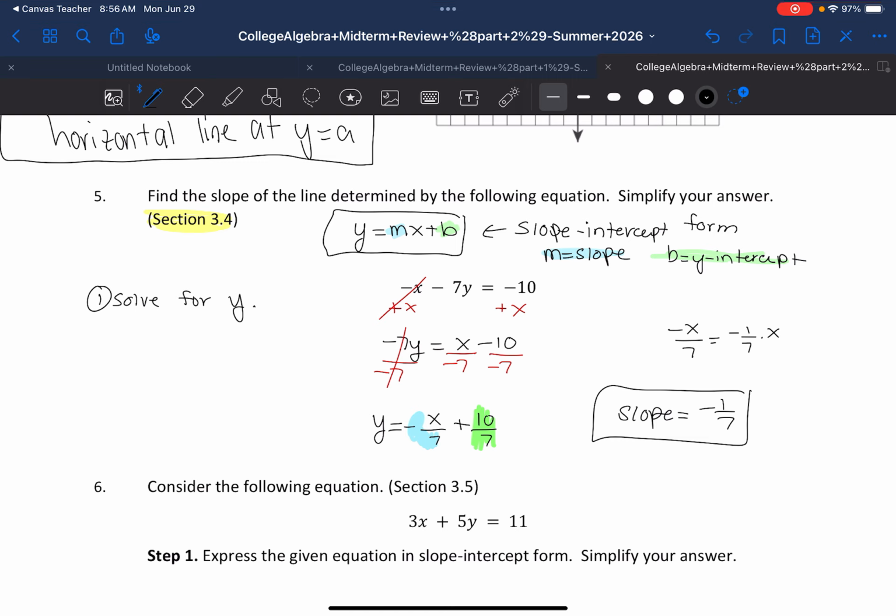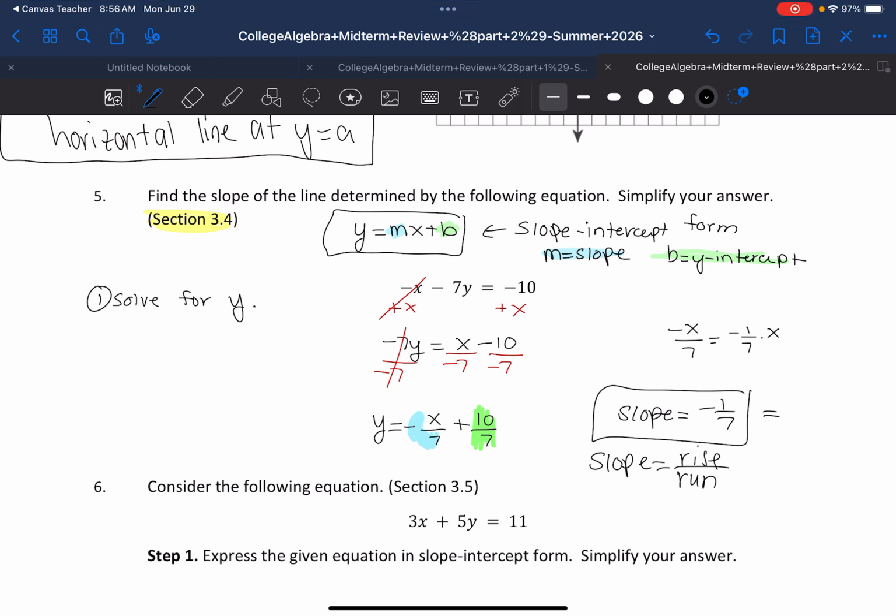Okay, so now this is the slope of the line, which is all it asks us to find, but I just want to say that this means, remember, slope is equal to rise over run. So for this one, because the top is negative, you can make either one negative, it doesn't matter, but usually we just write the top number negative, -1.